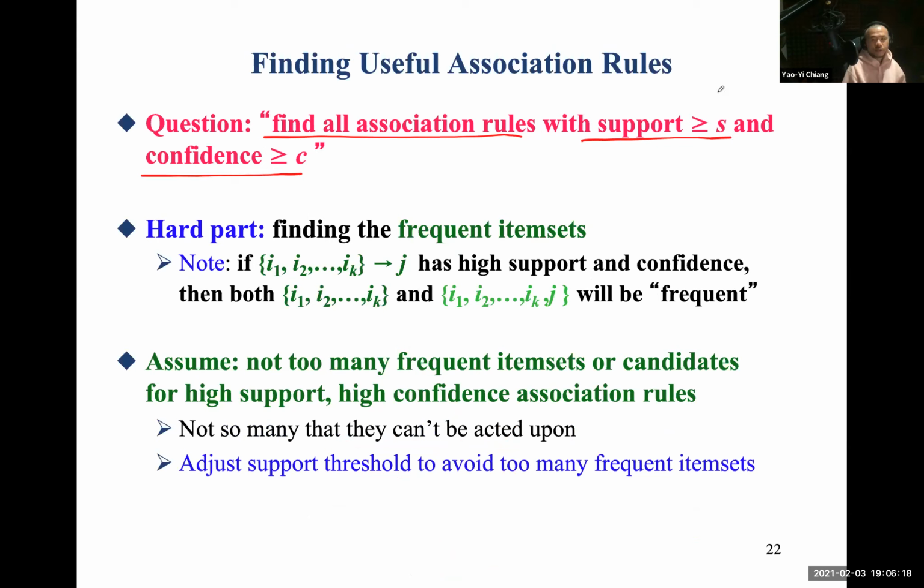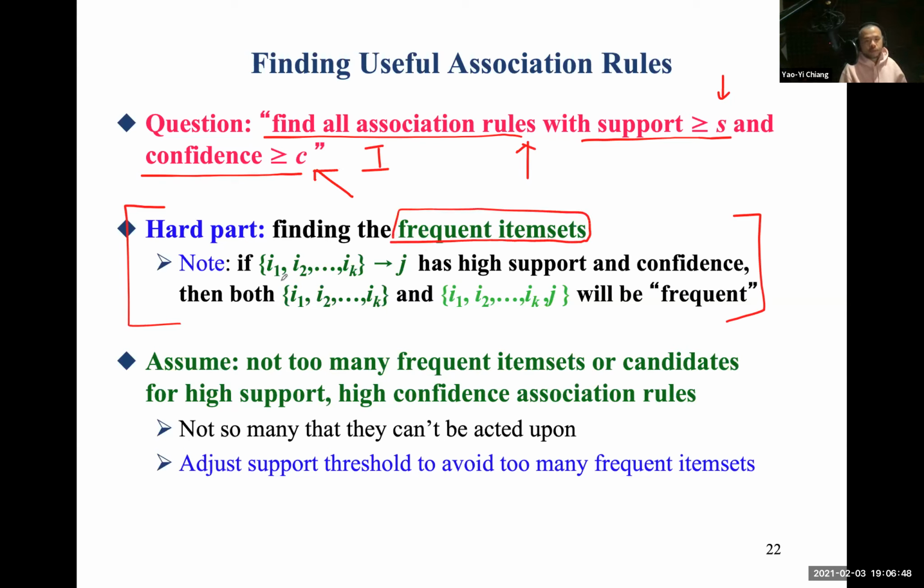Because you have to decide what do you mean by frequent, and you want to also talk about confidence. You might also have an interest threshold. The most difficult part here is not generating these rules. The most difficult part is to find frequent item sets, which means you have to count them.